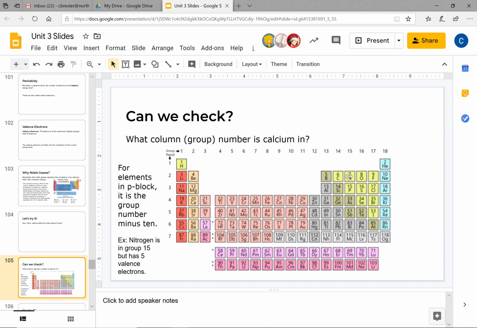So if we look at something like nitrogen, it would have 5 valence electrons. It'd be 2s2, 2p3, which means 2s2 plus the 2p3 is a total of 5 electrons, and it is in group 15. So 15 minus 10, that's 5 valence electrons. So that's just a little trick for you so that you can quickly look at that.